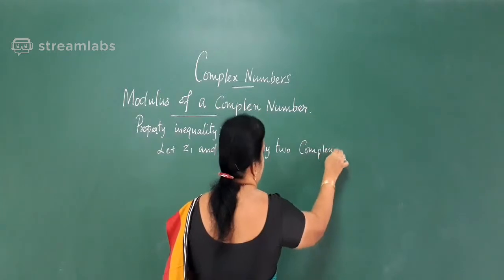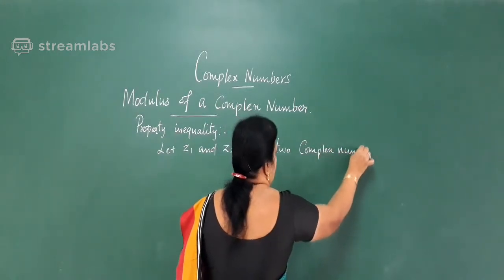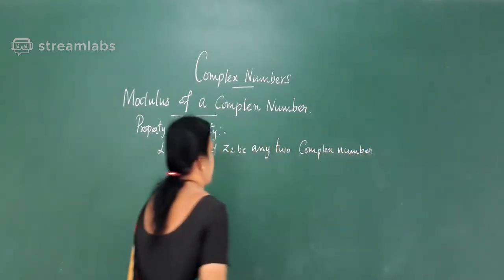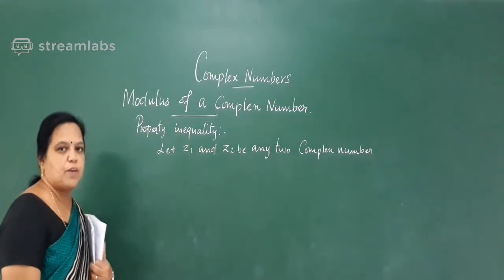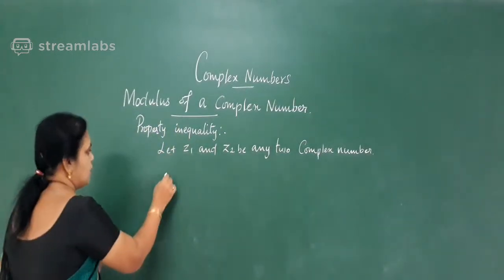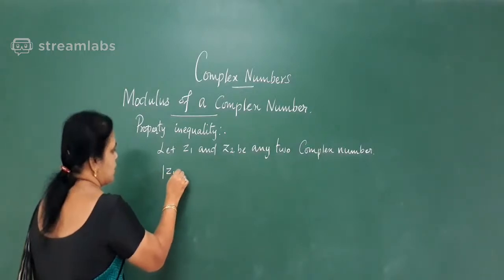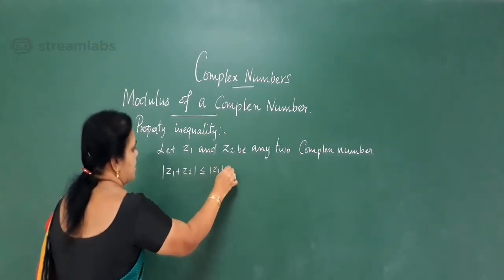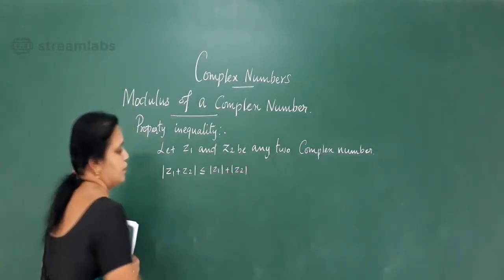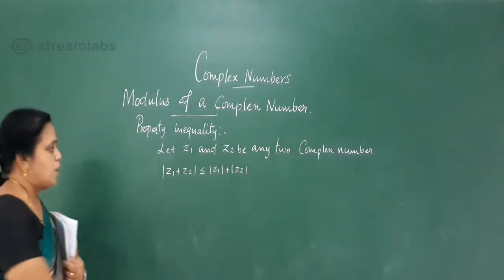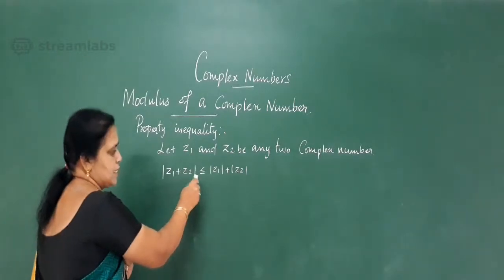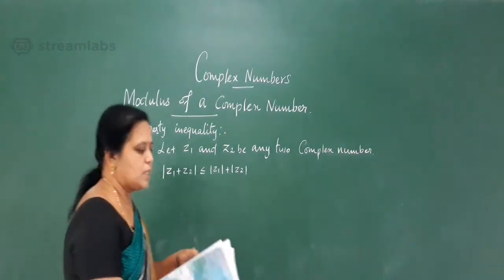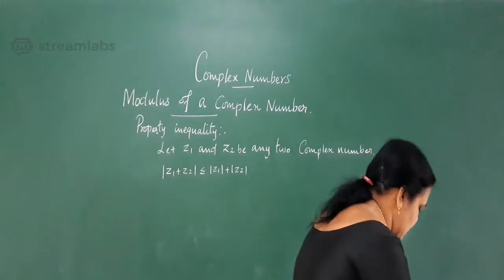Already we have seen this property in the properties of the modulus of a complex number. What is that? Mod of z1 plus z2 is less than or equal to mod z1 plus mod z2. We have to prove mod z1 plus z2 is less than or equal to modulus z1 plus modulus z2.